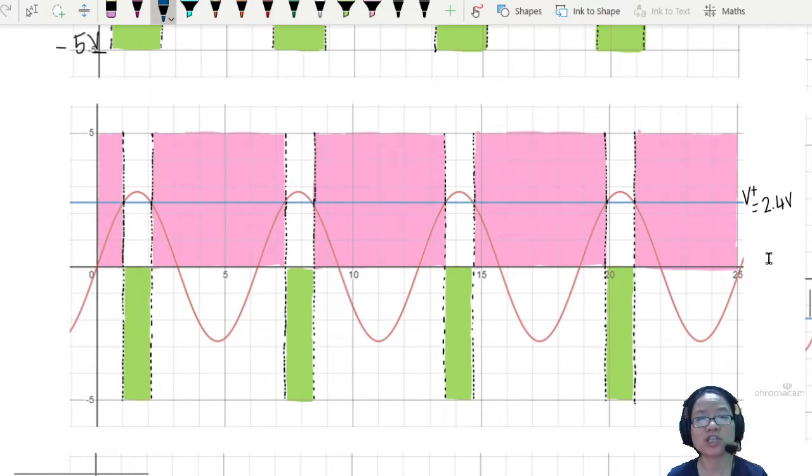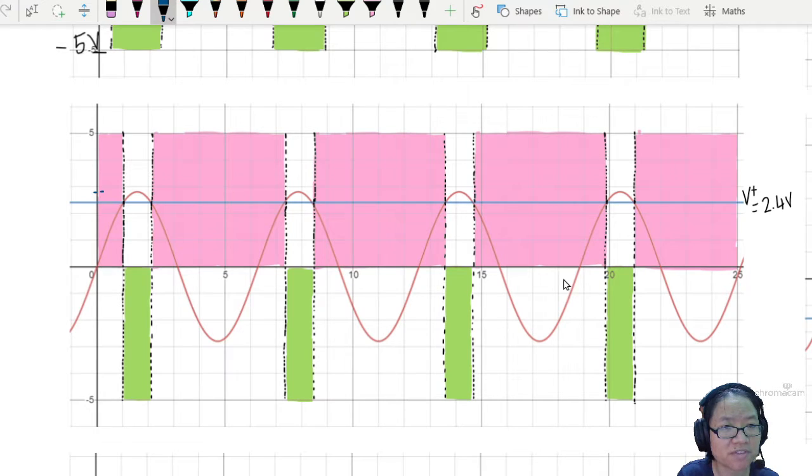Because now the duration of V plus being bigger than the sinusoidal wavefront will be longer. The amplitude for the sinusoidal wave, if you go and check out the graph, is actually 2.8. So it's just slightly below, all right?